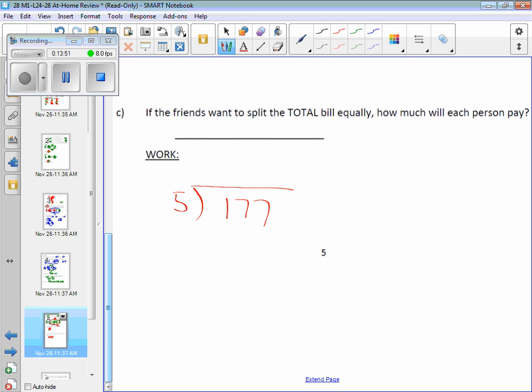Three goes into 17 5 times. Bring down the 7. And 3 into 27, it goes exactly 9 times. Winds up being $59 each.